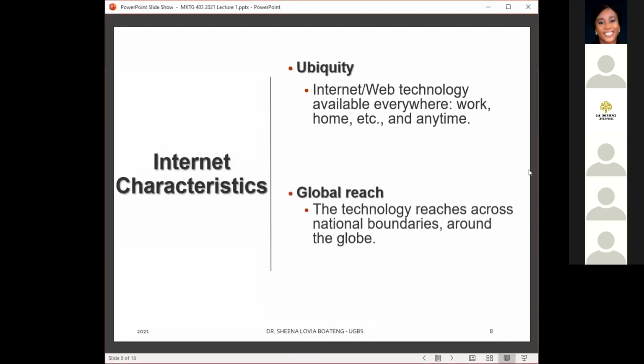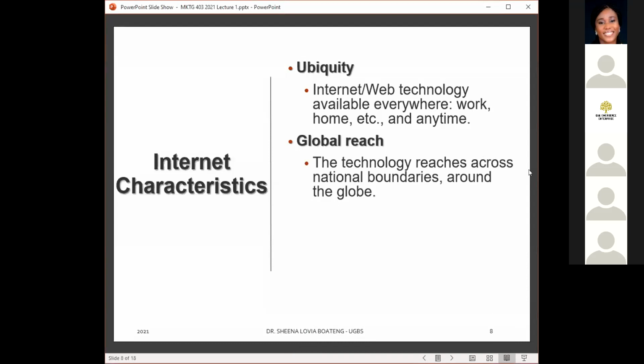The next characteristic we can talk about is global reach. Now, this is a direct consequence of ubiquity. Because it's available anywhere and everywhere and at any time, you can reach customers anywhere across the globe because of the ubiquitous nature of the technology. So you do not need to travel to the United Kingdom or to Europe or to the US before you can meet a client who lives in that part of the world.